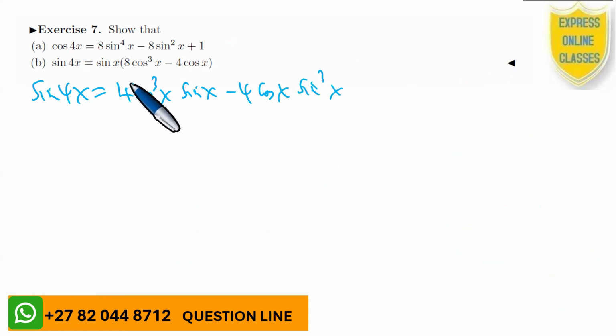Then you check this one. So there is this, but you must just deal with some of these here, because if you pull out the sine, you have exactly that.